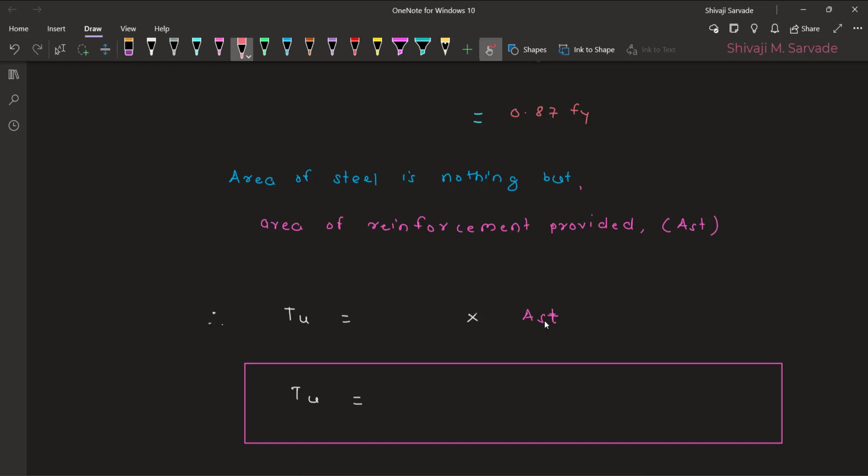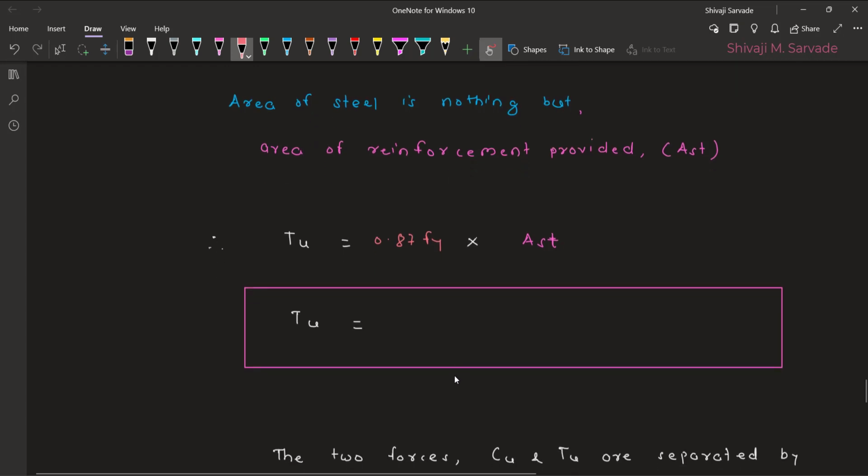Stress into area will give us the tensile force. Therefore the total tensile force is 0.87 Fy into AST.